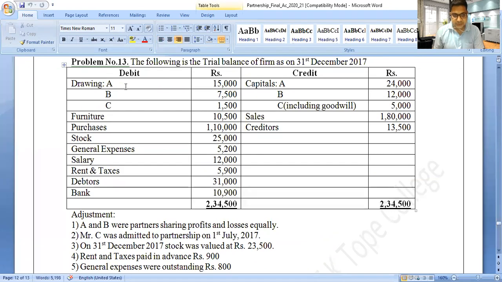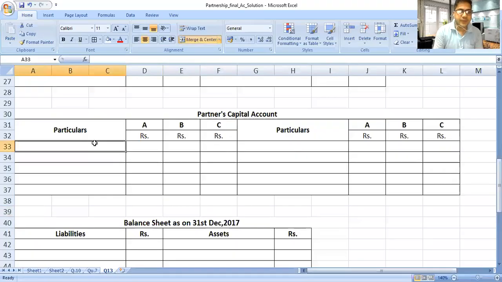Drawing is a personal expense, and A is drawing 15,000, B is drawing 7,500, and C is drawing 1,500. Drawing we have to show in the partners capital account, on the debit side.